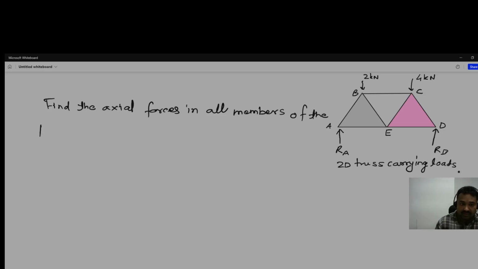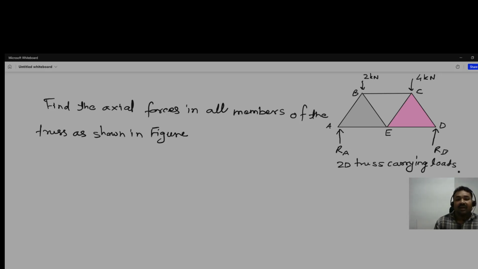Okay, our objective is to find the axial forces in all members of the truss as shown in figure.